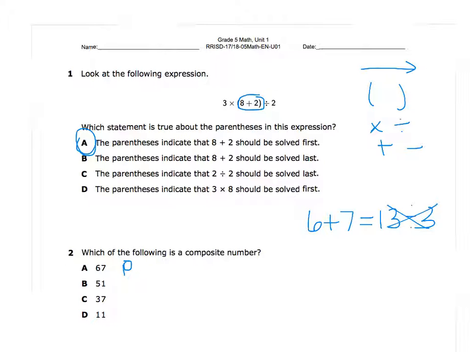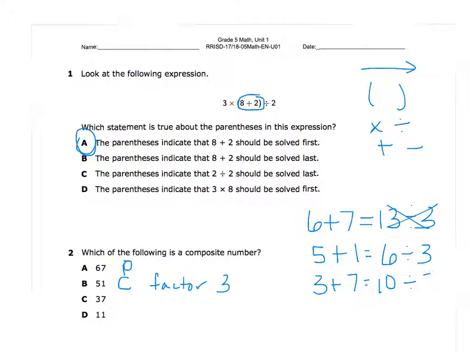Let's try 51. 51 is not even, so 2 is not a factor. If we do 5 plus 1, that's 6, and 6 can be divided by 3, so that tells me that 51 is a composite with a factor of 3. 37, if we do 3 plus 7, that's 10, and 10 cannot be divided by 3.